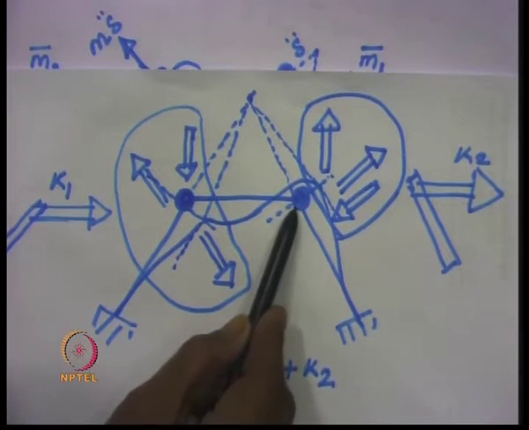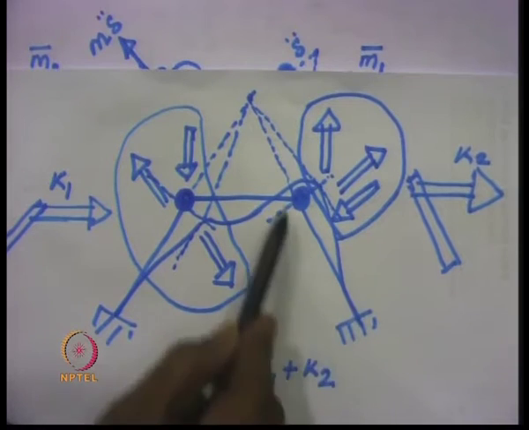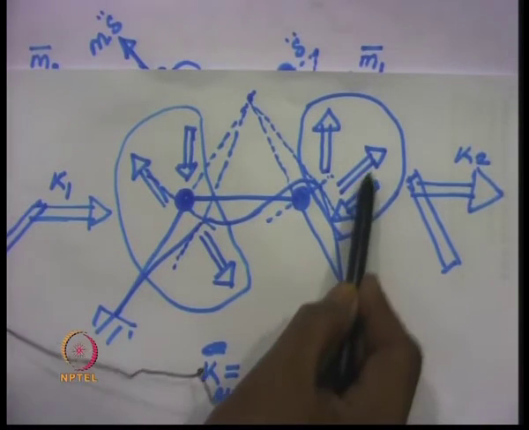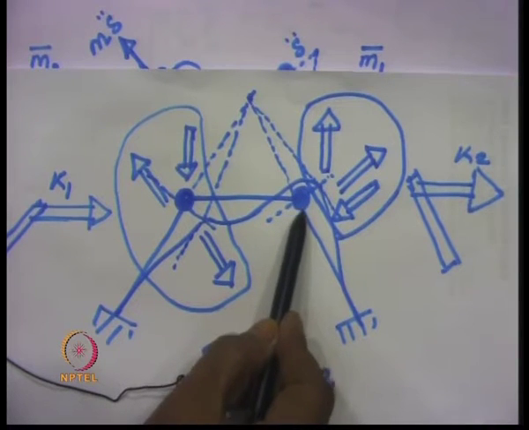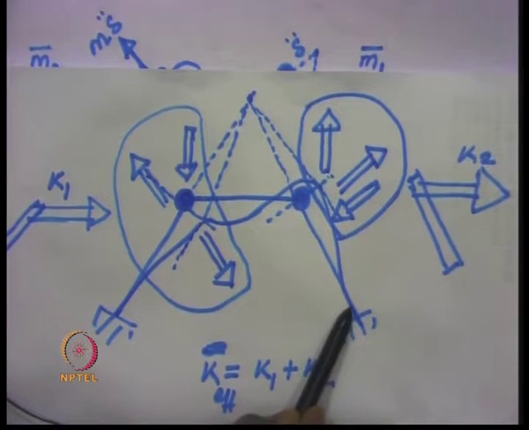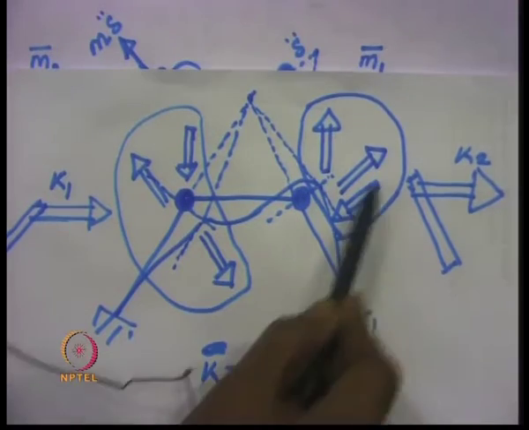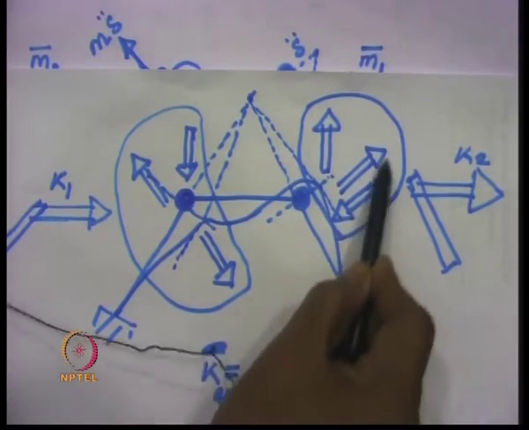In the same way, one can find out the shear forces due to the displacement and the rotation at this point for this inclined leg. So, they are these forces.